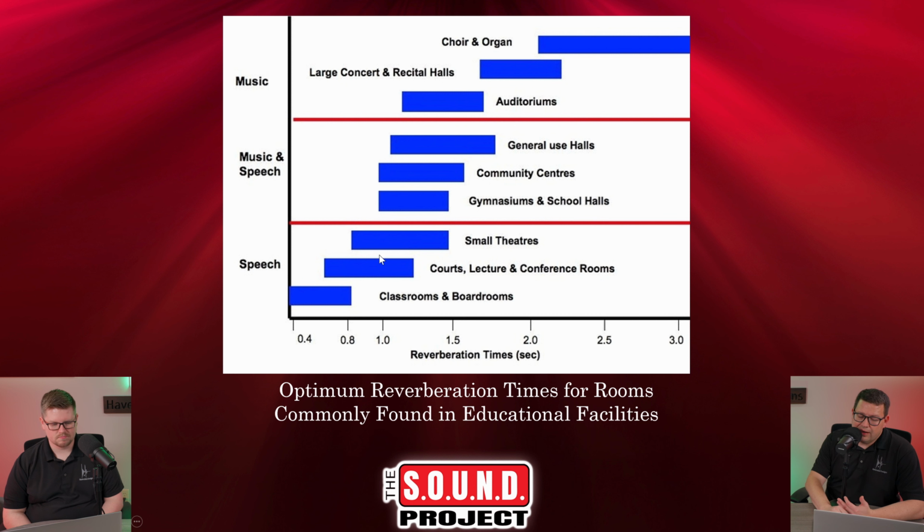But you notice a classroom and boardroom, 0.4 to 0.8 second reverb time. Yeah, really short, right? You want that reverb time to be quick because you can understand speech better in rooms that have a short reverb time. But then you go all the way up here to choir and organ, and that's 2 to 3.2 seconds. That's a huge difference in the perception of sound in a room that has a 3-second reverb time versus one that's 0.4. It's just a totally different application.